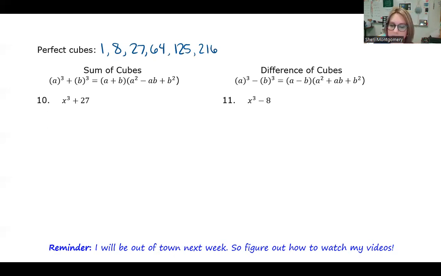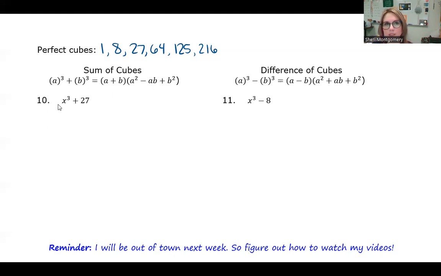So just like perfect squares, you're going to have only 2 terms. And something's going to be cubed. So in this case, we'll have something cubed plus something cubed or something cubed minus something cubed. And then we've got a formula.